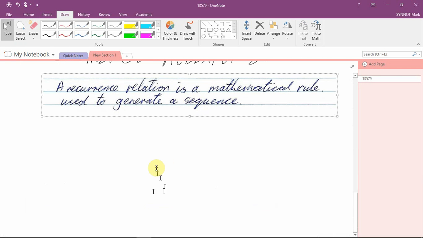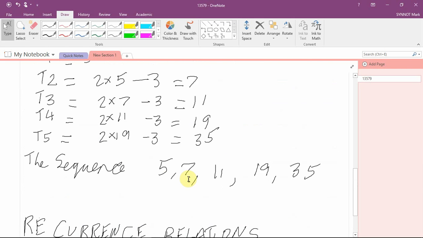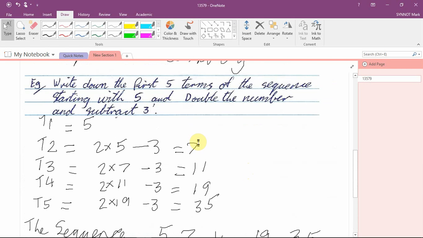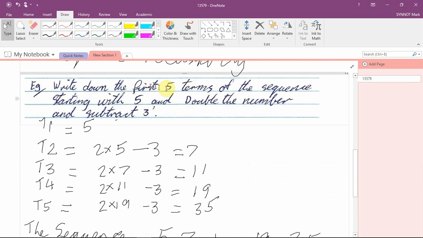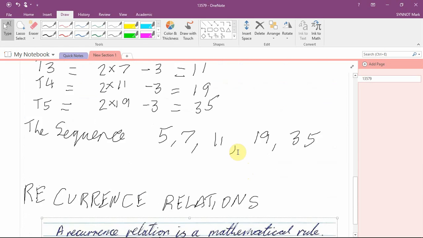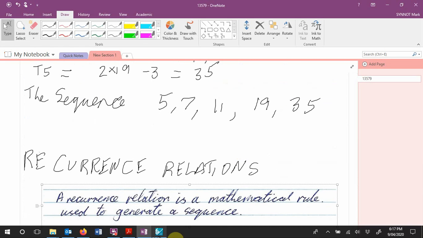All right, so it's a mathematical rule used to generate a sequence. So what do we need? So for this sequence here, what did we need? Well, first of all, we needed to know where to start. And then we needed to know what we needed to do. So there's two parts to our recurrence relation.